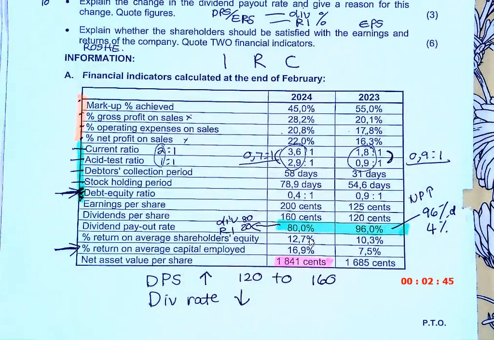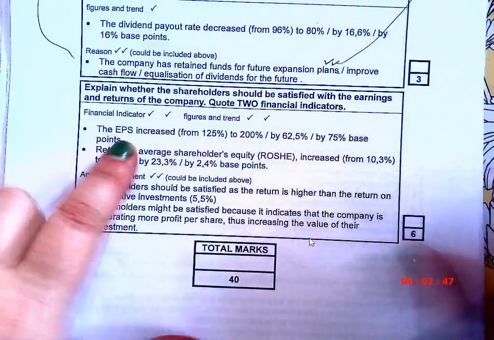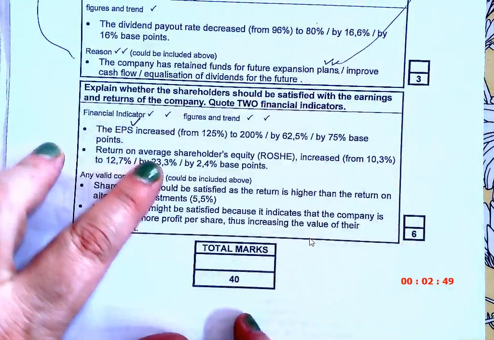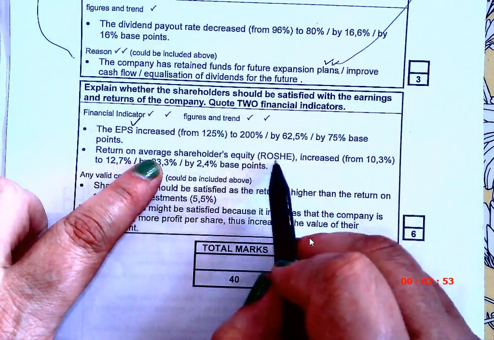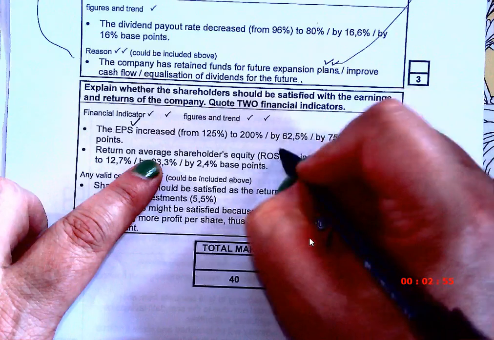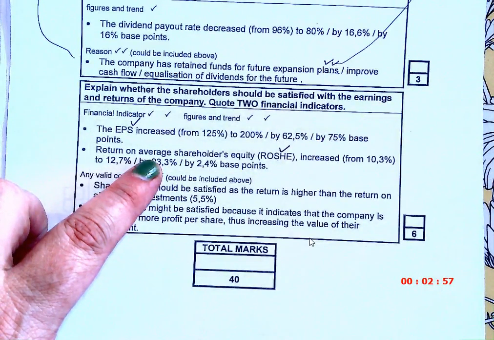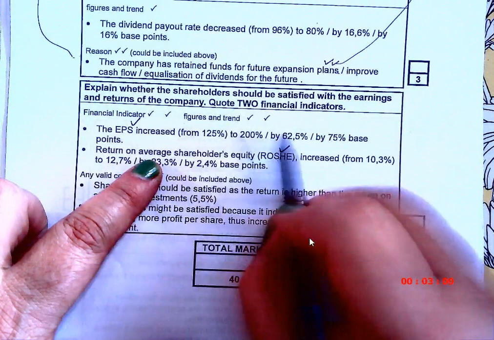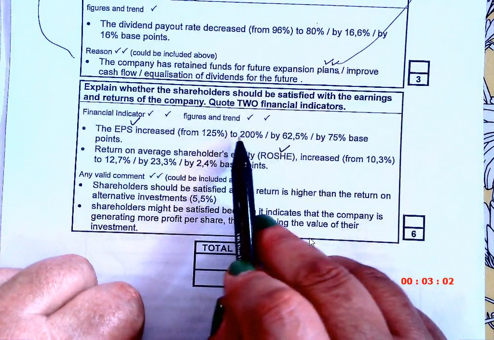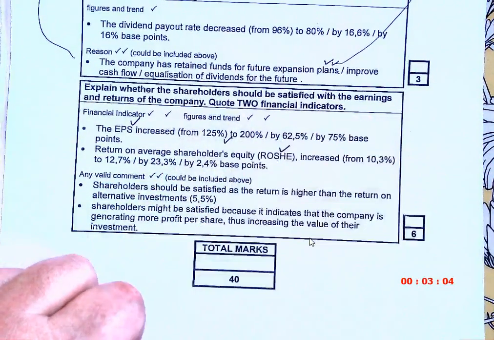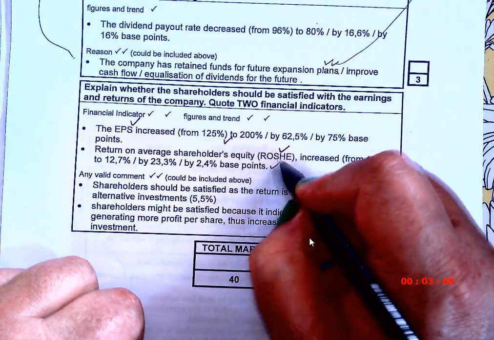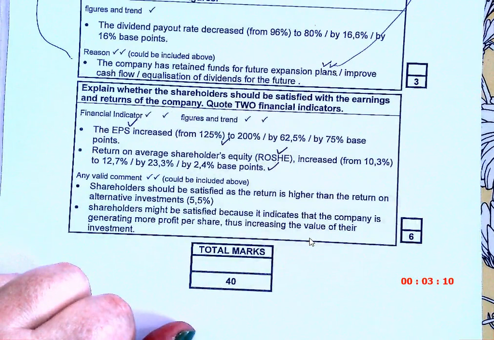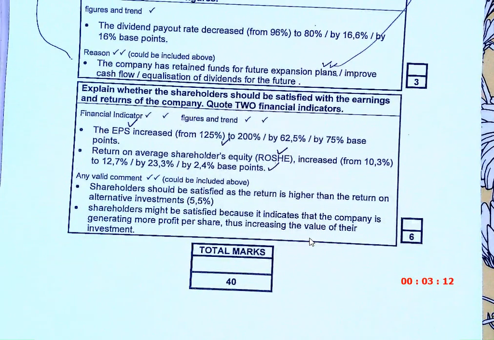So can you see, if you quote the EPS, 1 tick, return on average shareholders' equity, can you see they are going to take ROCE? You don't have to write it out. There's already 2 ticks. And if you show the trends, it went from this to this, there's a tick. It went from this to this, there's a tick. You see? 4 points. Now you need to make a comment.